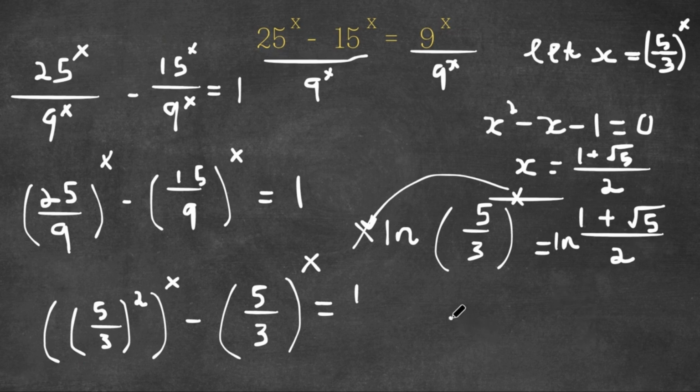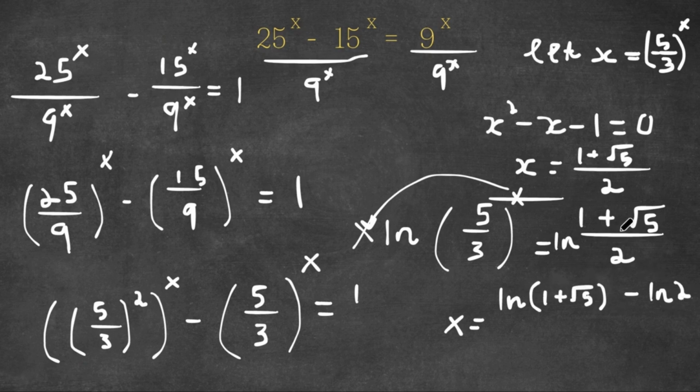And now this can be written as x is equal to, well, for ln of 1 plus the square root of 5 over 2, we could write this as ln of 1 plus the square root of 5 minus ln 2, because when you're subtracting two natural logs or even normal logarithms, you simply just divide them.